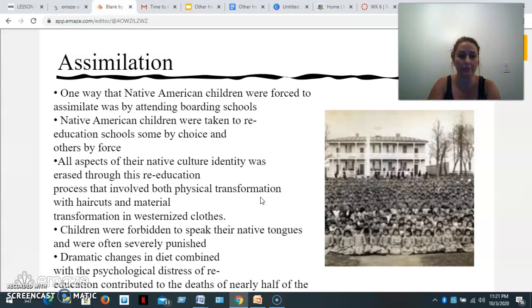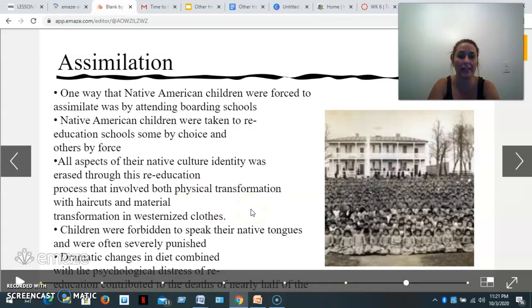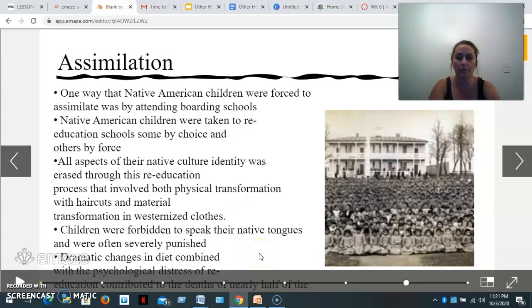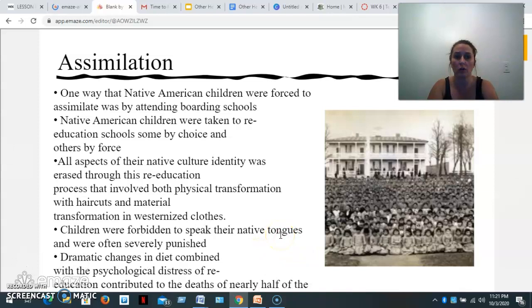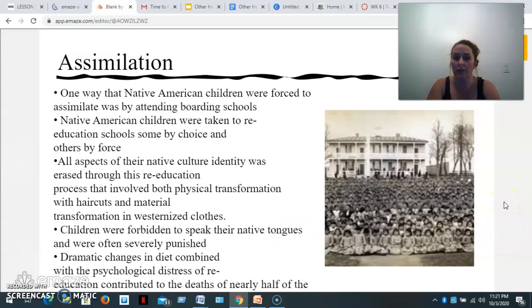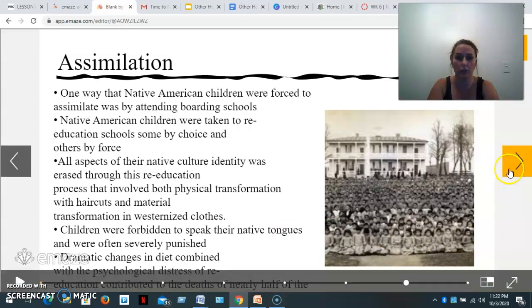Their diet was also a dramatic change. And there was so much psychological distress in these re-education situations that it contributed to the deaths of nearly half of the students in the first 3 years that the Carlisle school was opened. So needless to say, it was a very dramatic change for these young Native American children.